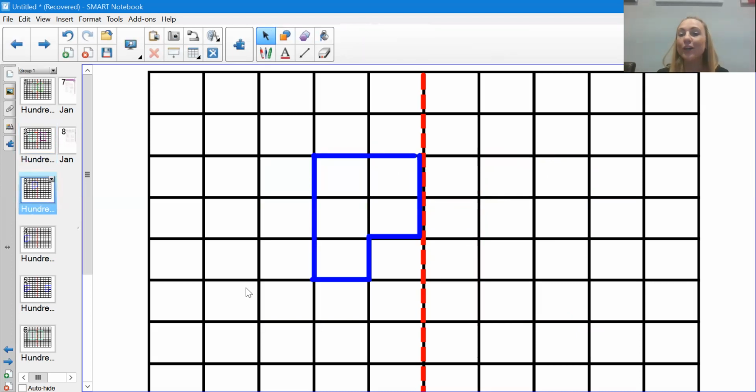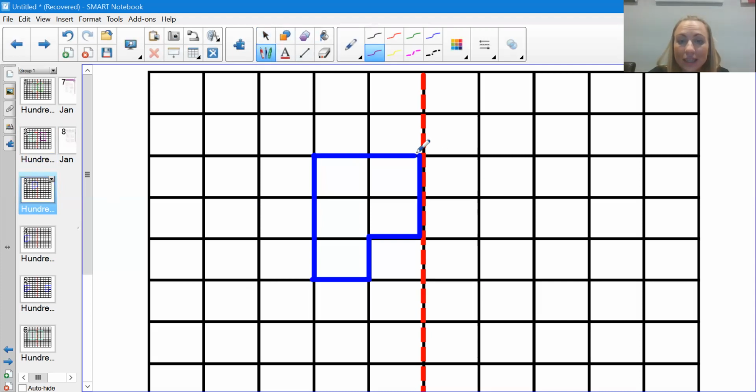So now let's have a look at this one. Again, I'm going to go from each point. And this one, that point there is on the mirror line, so it will start here. Now, my next point, if I go from here, is 1, 2 away from the mirror line.